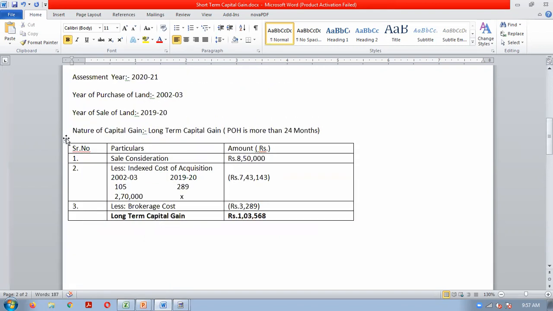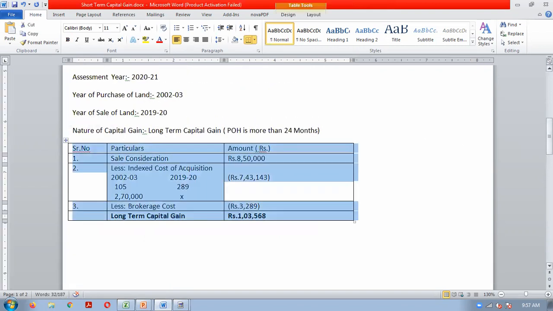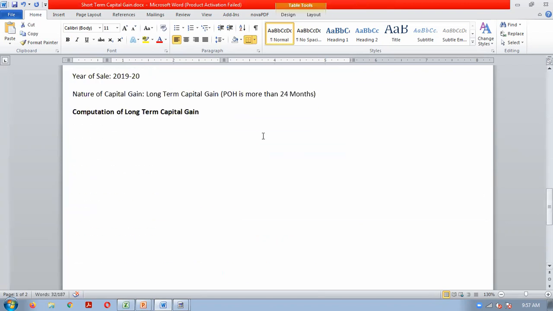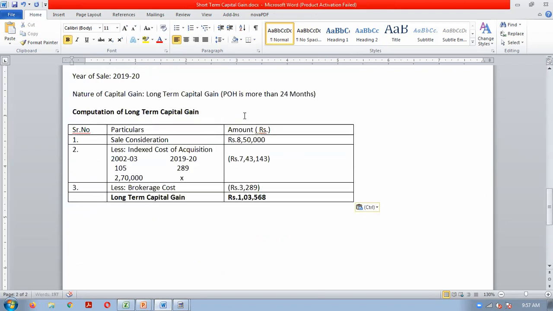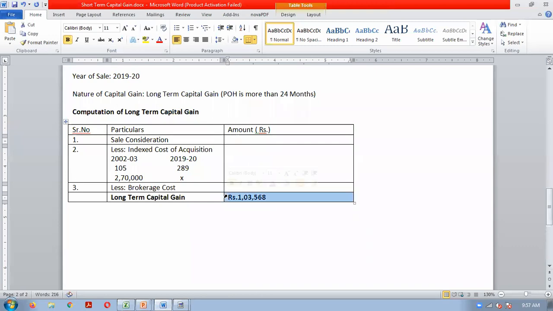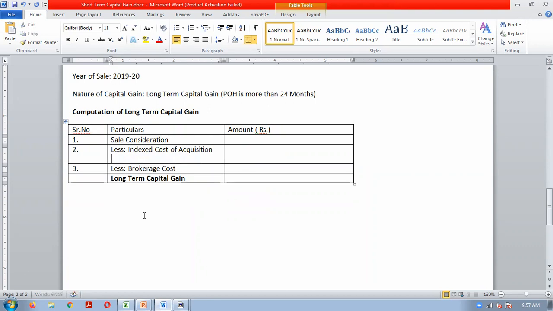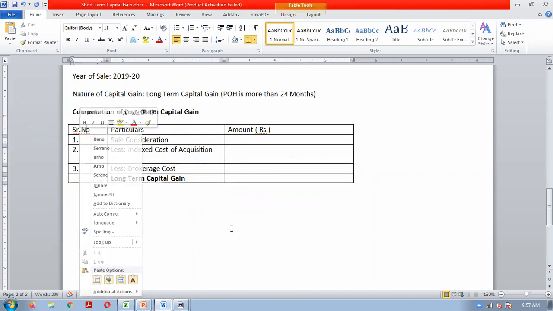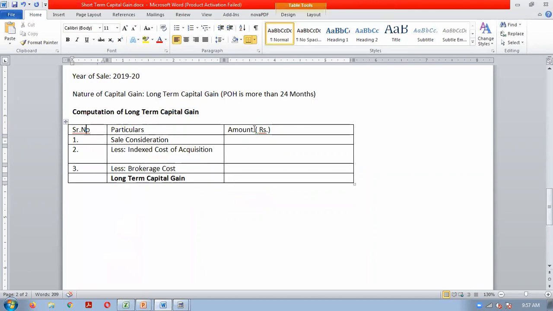Format we will take the same. Everybody make the format, then we will start solving. Serial number, particulars, amount. Long-term capital gain.